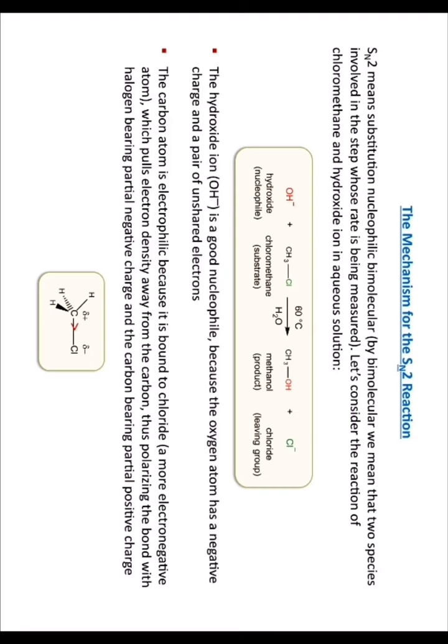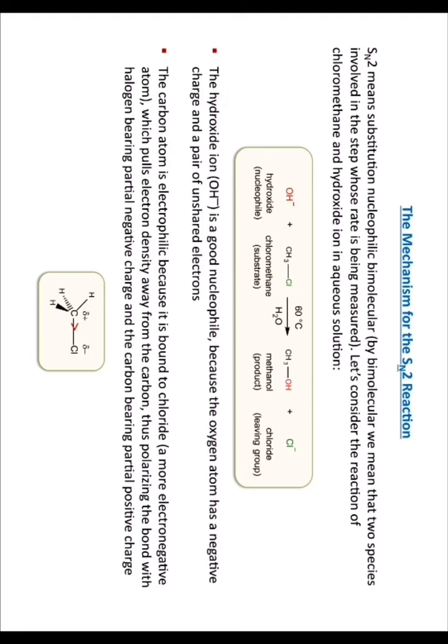If we look at the box below, in the reaction you have hydroxide, the nucleophile, which has a lone pair that is happy to share with others, and the alkyl halide, chloromethane. Under this condition, 60 Celsius in water as a solvent, we will get methanol, our target product, and chloride as a leaving group.